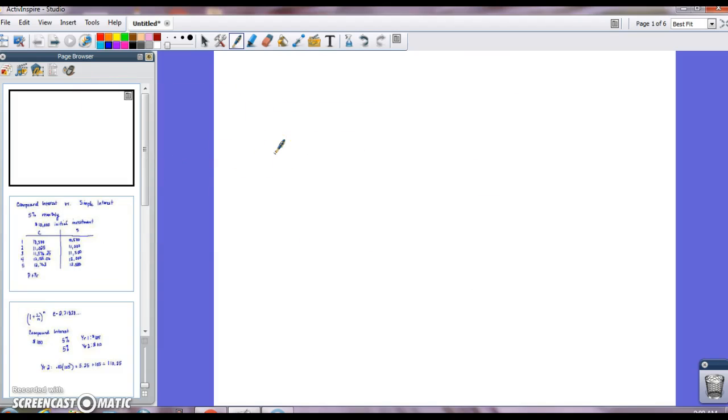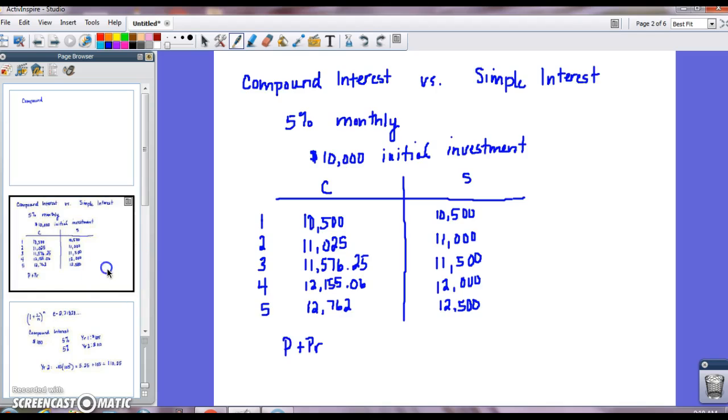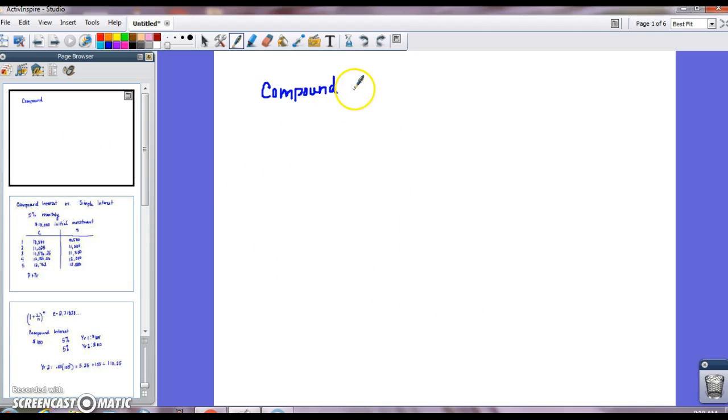When we're talking about compound interest, the formula that we use, and what I used right here is just letting you know sort of the method that we do it, but the actual formula that we use for compounding is this.